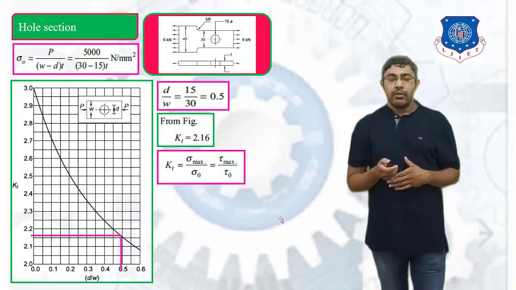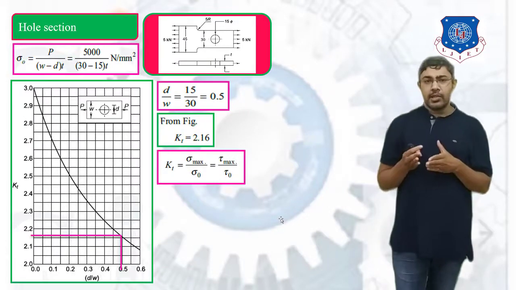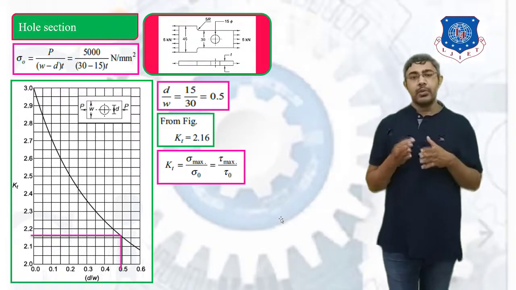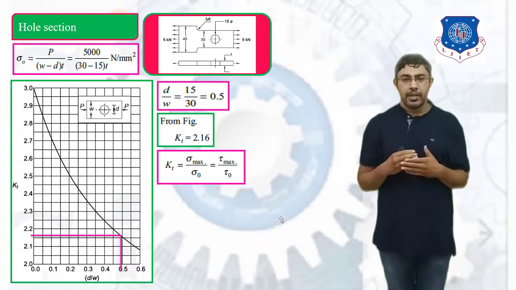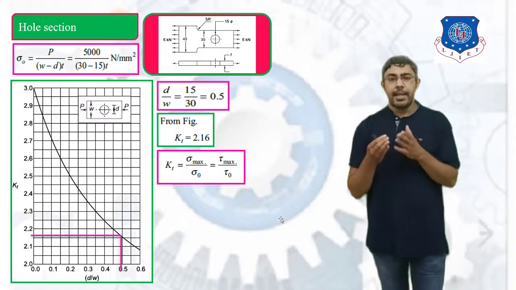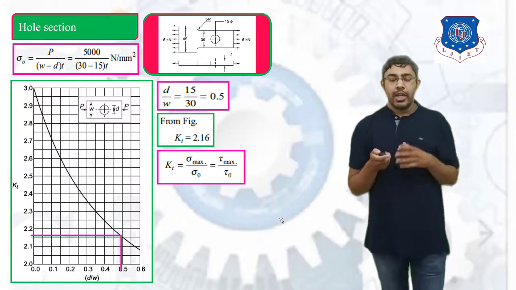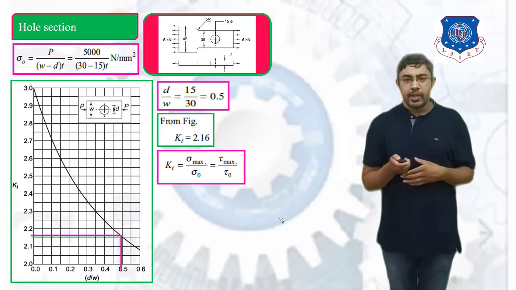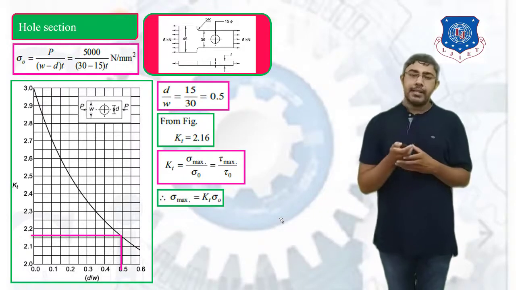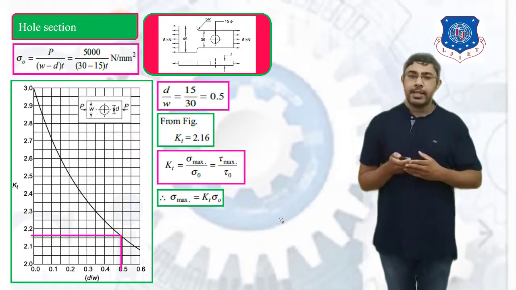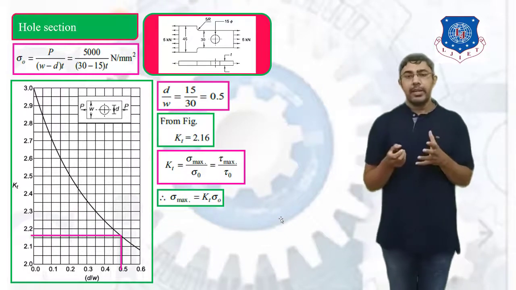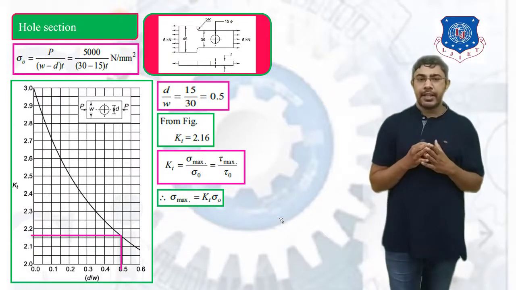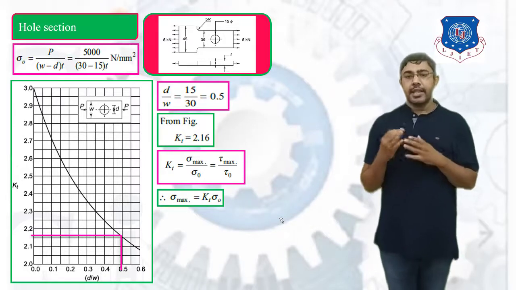Now what is the equation of stress concentration? Kt is equal to sigma max upon sigma 0, so sigma max becomes Kt into sigma 0. We have both values, Kt and sigma 0.